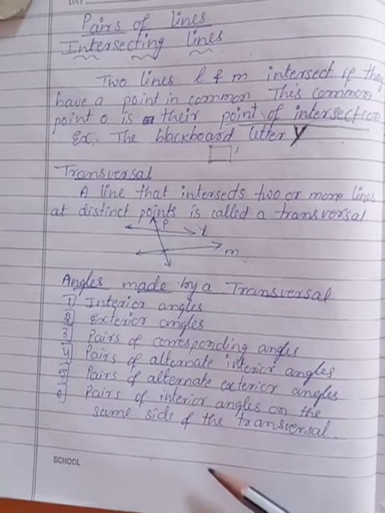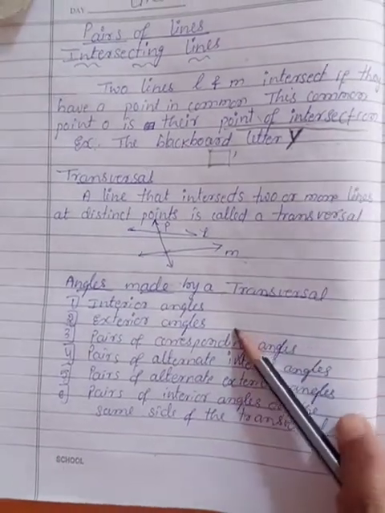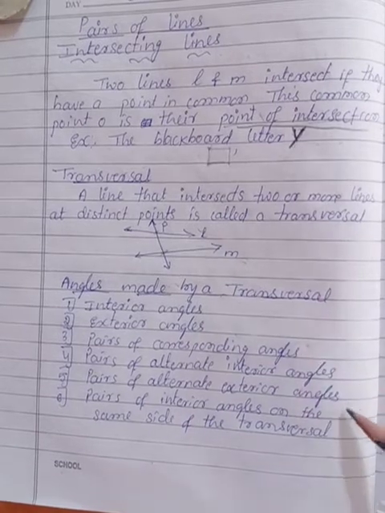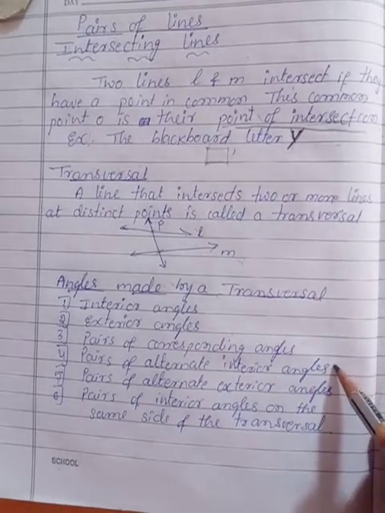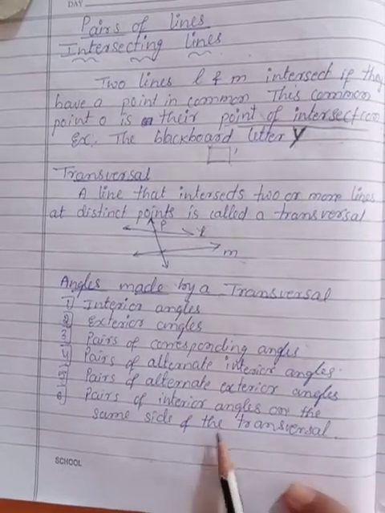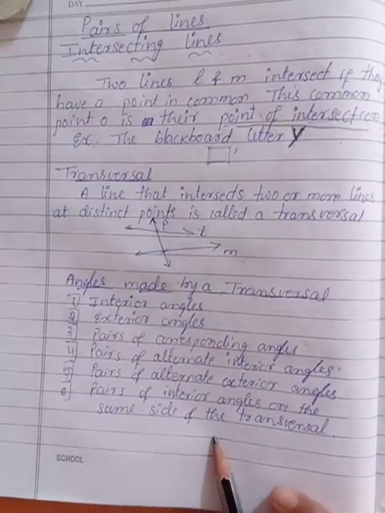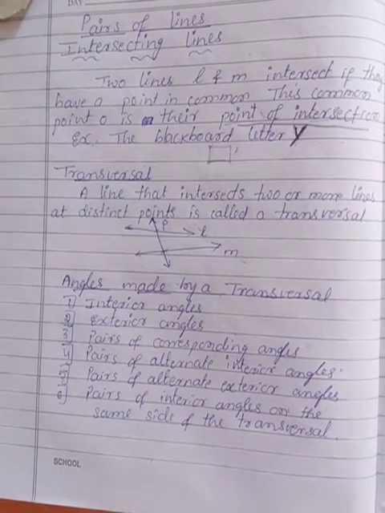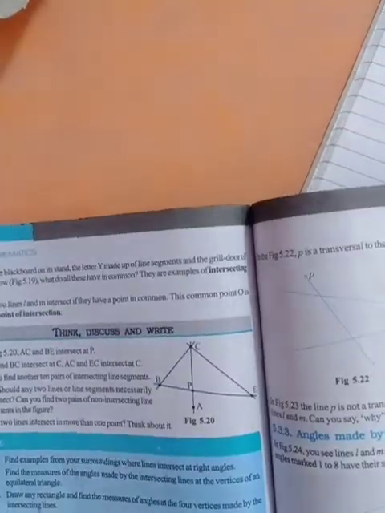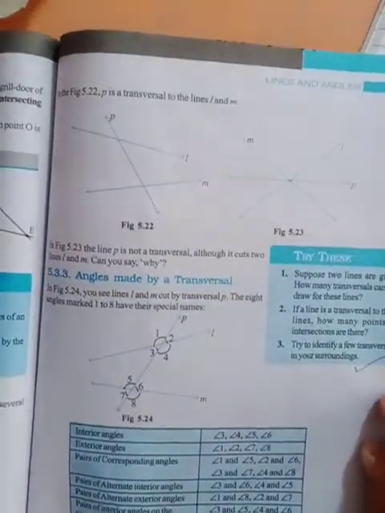These are the angles: interior angles, exterior angles, pair of corresponding angles, pair of alternate interior angles, pair of alternate exterior angles, and pair of interior angles on the same side of the transversal. Now we will discuss with the textbook, children. I have named the different types of angles; by taking this example, we will discuss.